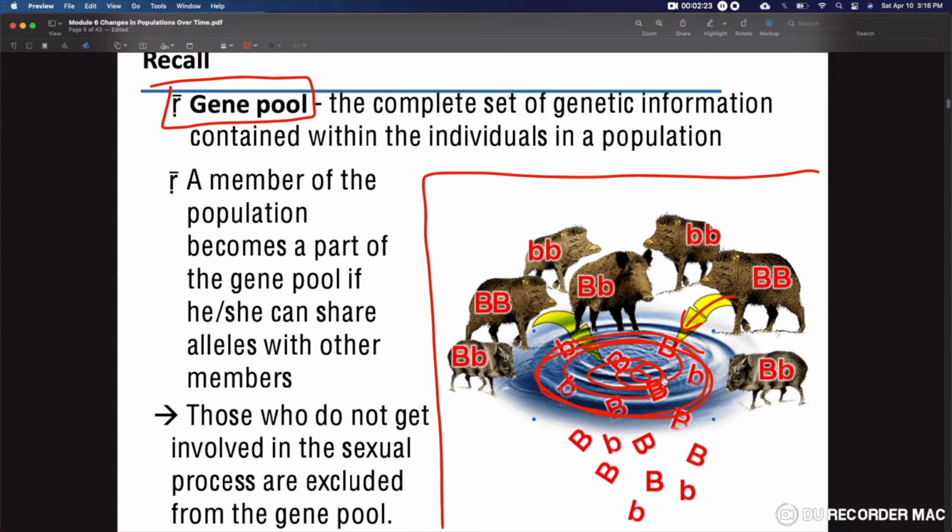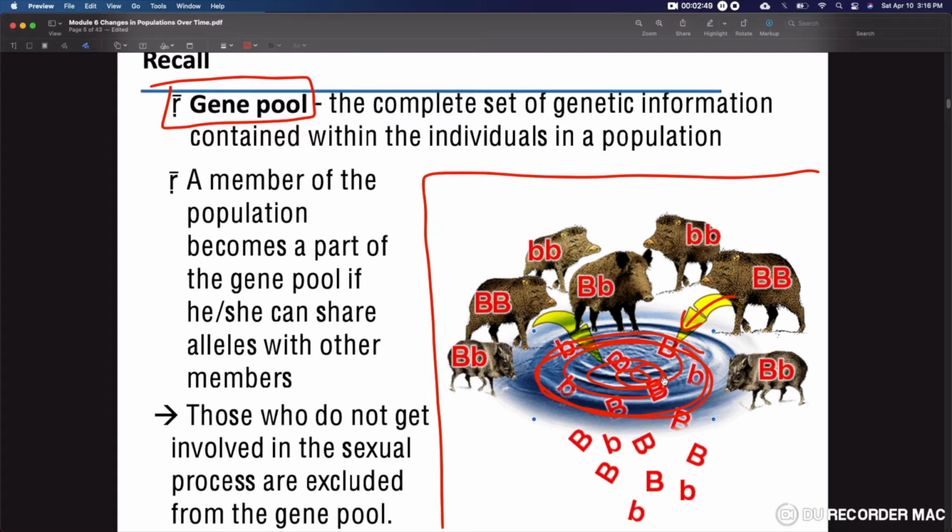Because sometimes, if your organism fails to have sex or produce offspring in your population, for example, in the case of the Philippines, if you do not get involved with the sexual process, you are then excluded from the gene pool.